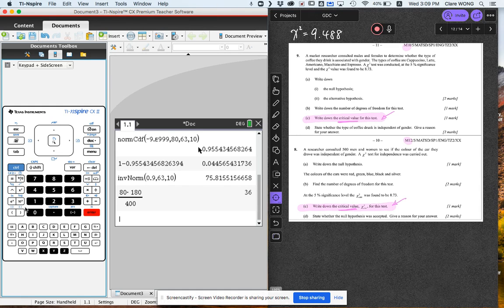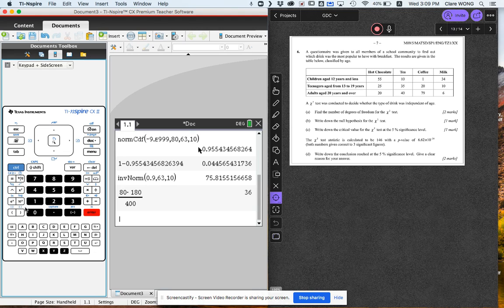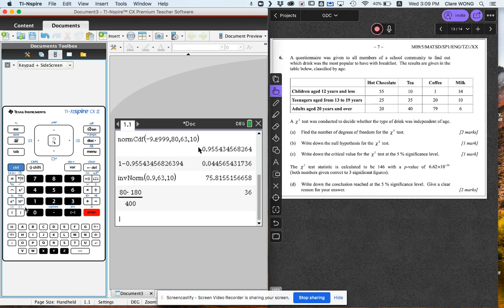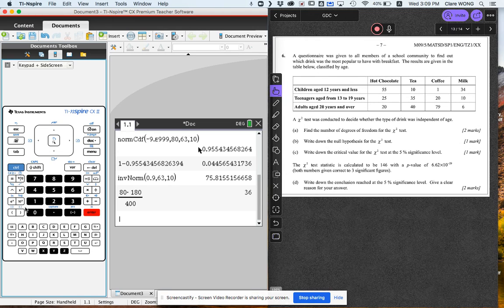Do one more example. This time it is with a table. Questionnaire. So we have a category of different beverages or drinks for breakfast, and then age group.